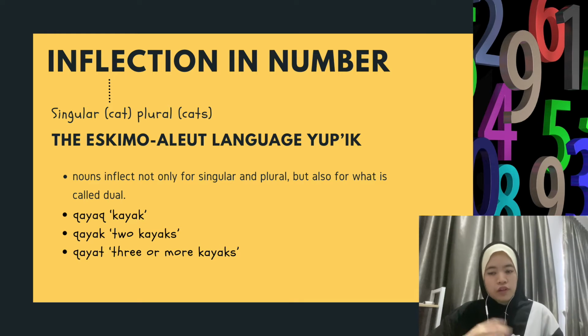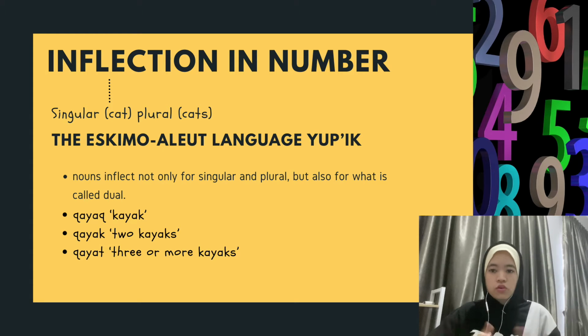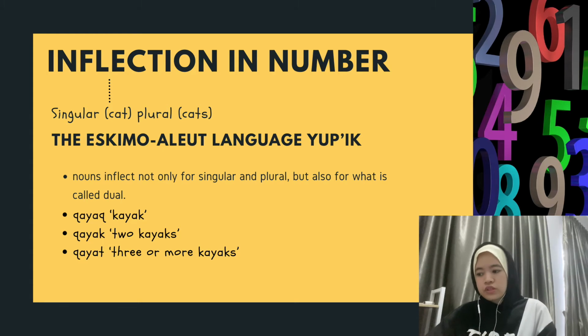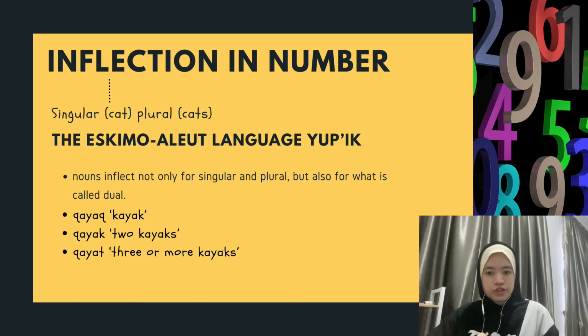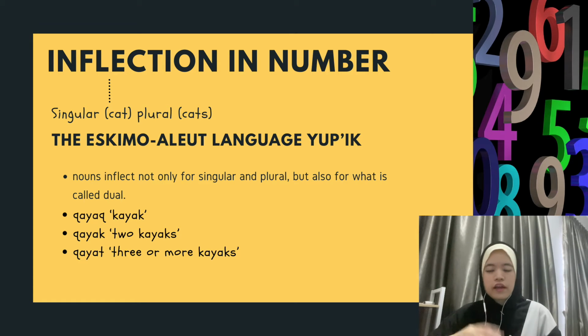Inflection in number is the most familiar inflectional category for speakers of English. For example, as we all know, the singular is cat, and the plural becomes cats. Some languages distinguish a third category of number in addition to singular and plural.